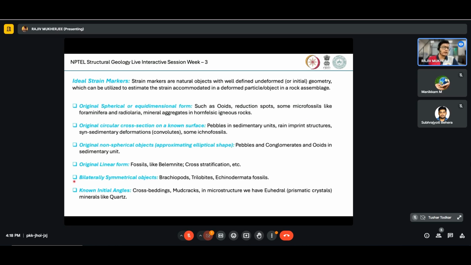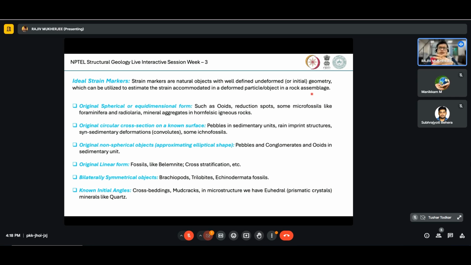so going on to the next topic, which is ideal strain markers, right? For going into the definition, we can say that strain markers are natural objects with well-defined undeformed or initial geometry, which can be utilized to estimate the strain accommodated in a particular deformed object in a rock assemblage, right? So for analyzing the strain, it is pretty obvious that we cannot see when the deformation even took place.